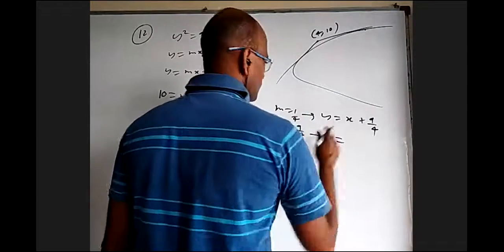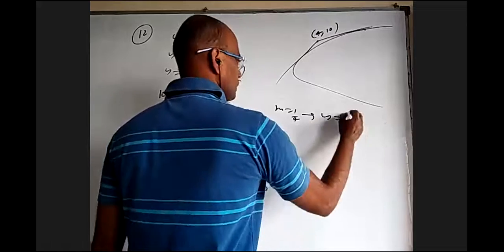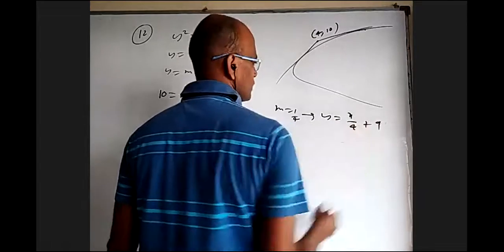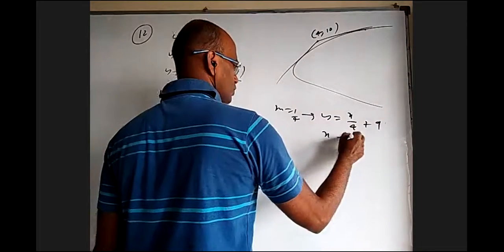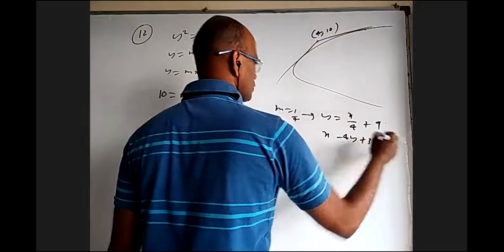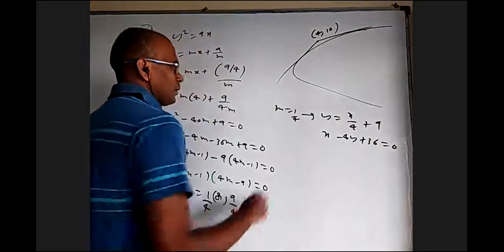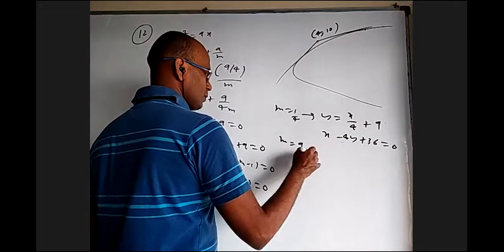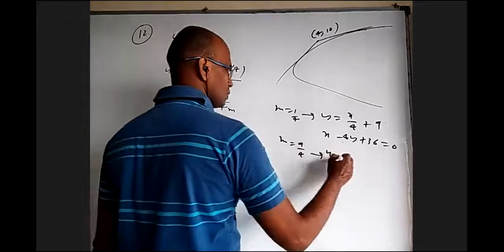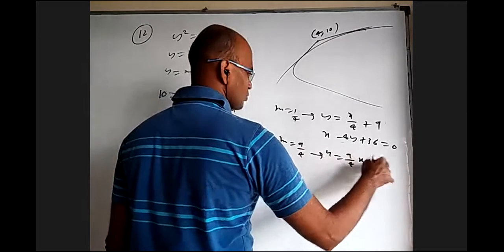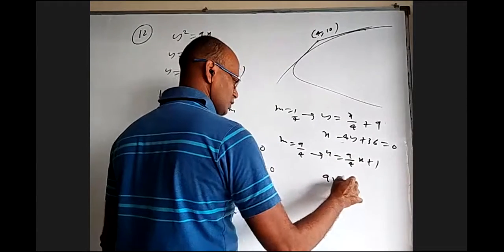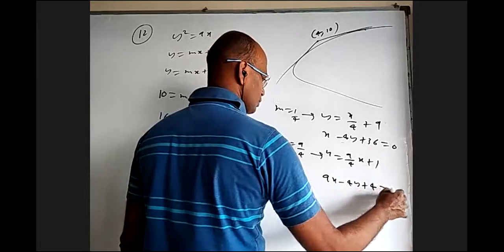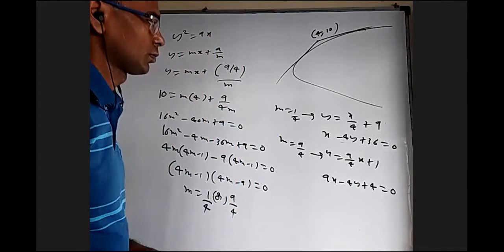When I put it, it will be y = x/4 + 9, which is x − 4y + 36 = 0. And when I put m equal to 9/4, it will be y = (9/4)x + 1. So 9x − 4y + 4 = 0.